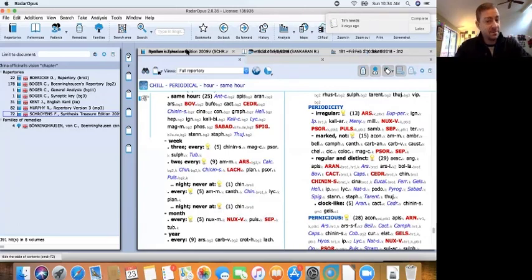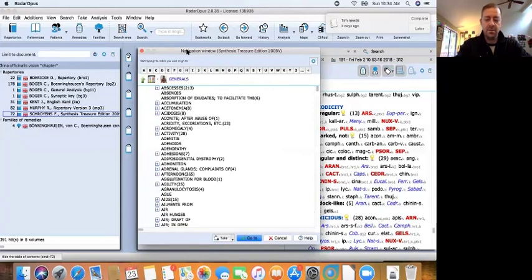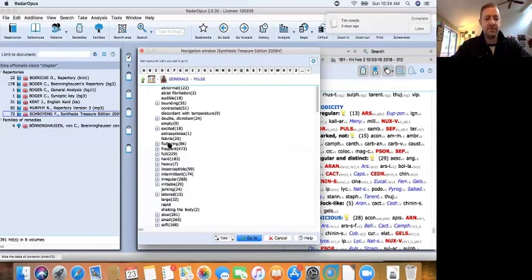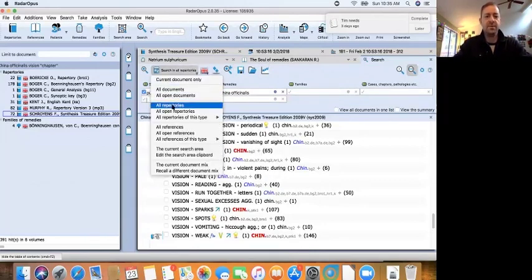So I'm going to go to the generals chapter. We type in generals, enter, pulse, and right here you have quality of pulse. So you have full, frequent, fluttering, excited, irritable, irregular, imperceptible. And if we wanted to take a look, we can go to China and then type in pulse, and then repertory.